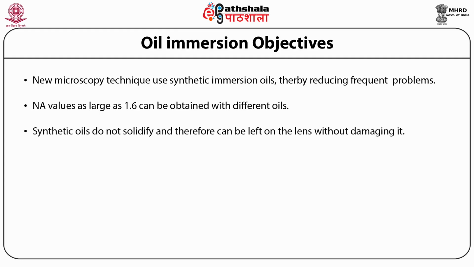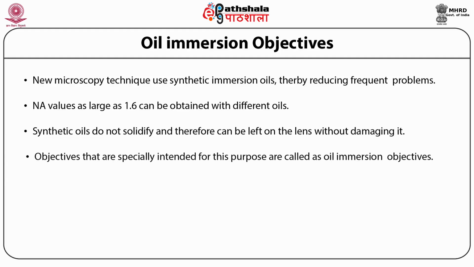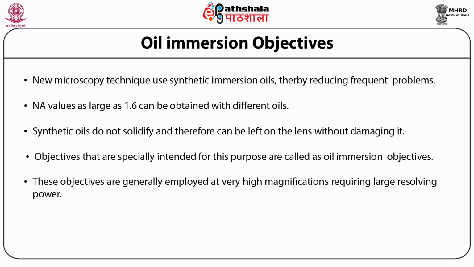Synthetic oils do not solidify and therefore can be left on the lens without damaging it. Objectives that are specially intended for this purpose are called oil immersion objectives. These objectives are generally employed at very high magnifications requiring large resolving power.